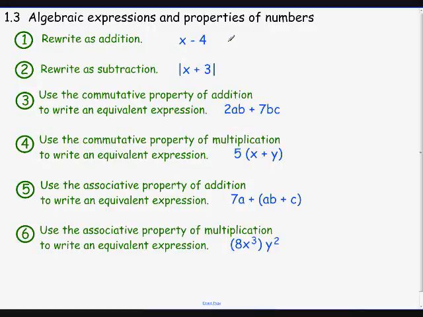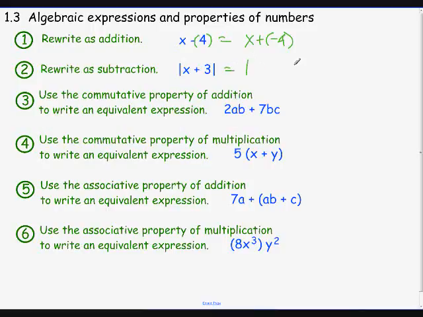Rewrite this as an addition. So instead of subtracting a positive 4, we are going to add the additive inverse, which is a negative 4. Rewrite this as a subtraction. This is a rather unusual thing to do, but we'll go ahead and do it.